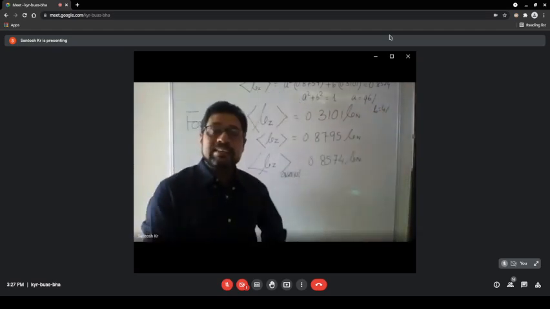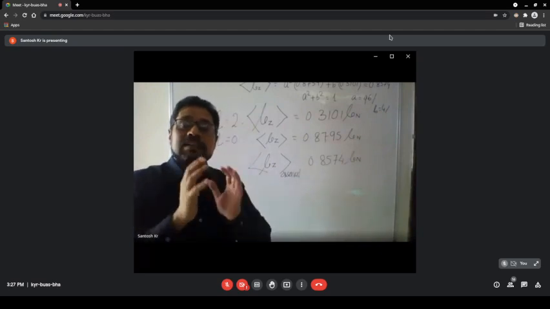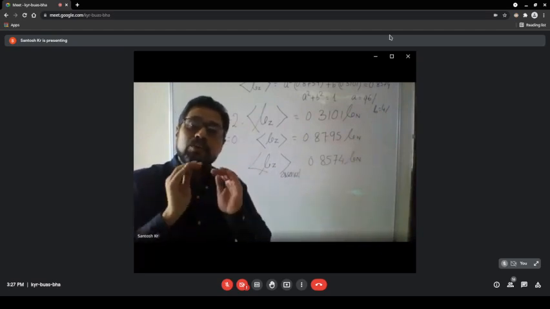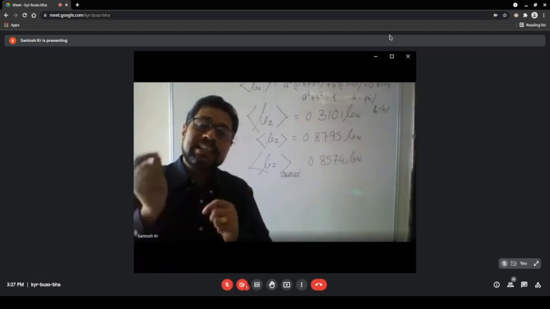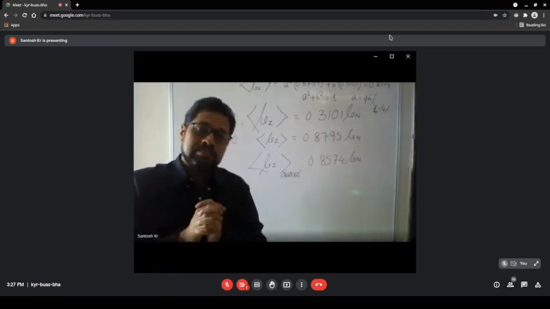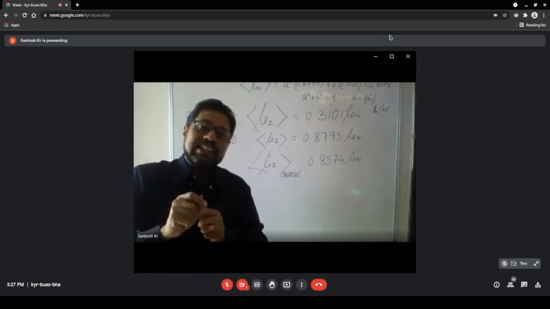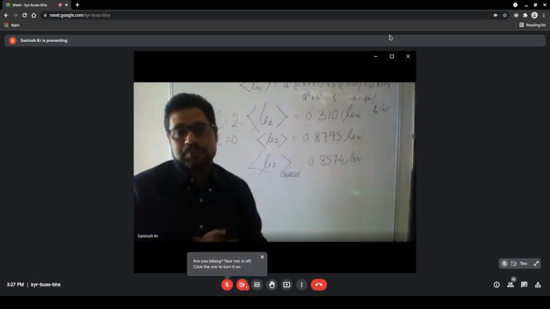What it indicates is that the deuterium has not only a central potential, it has some part of non-central potential.